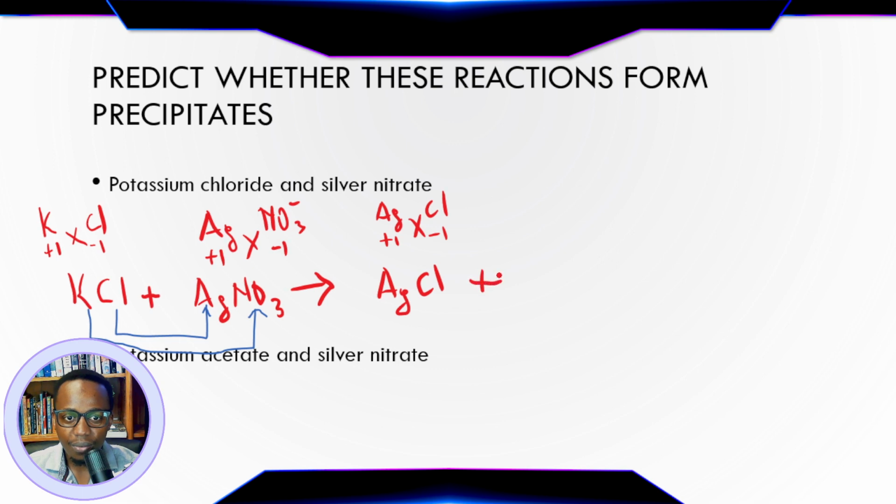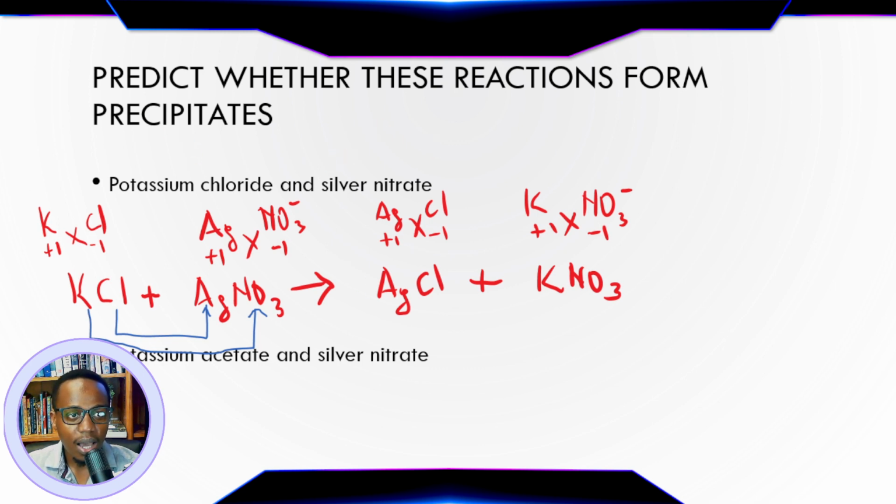And then you have potassium, which is KNO3. This one is easy because they all have one, but they won't always have one. So it's -1 and +1. So this is going to be KNO3. And then the question is, are these going to form a precipitate?